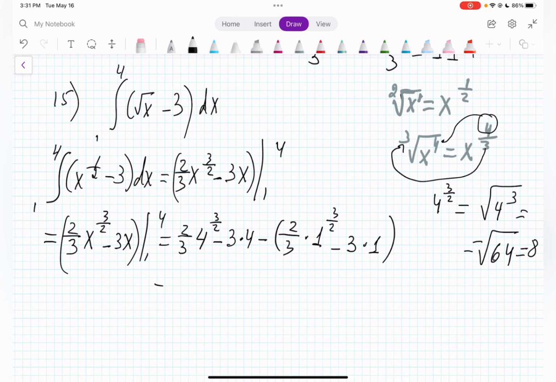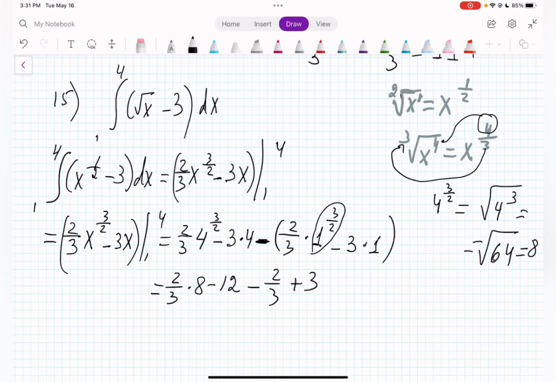Okay, so we are getting 2 over 3 times 8 minus 12, minus, here this is going to be equal to 1, because 1 to any power you raise, you still get 1. 2 over 3, and because we have a negative sign in front, here we end up with plus 3.